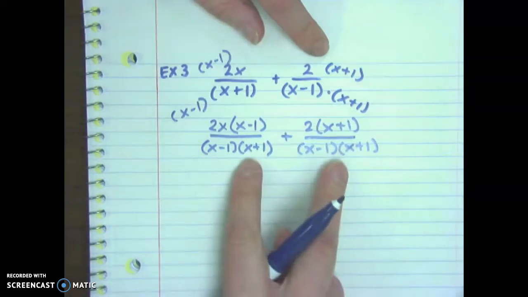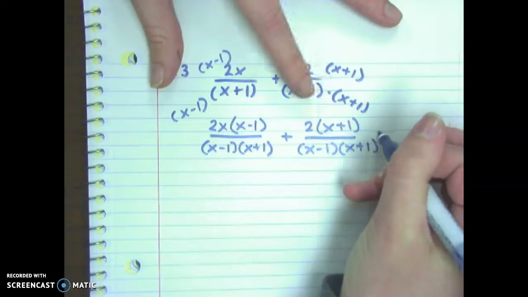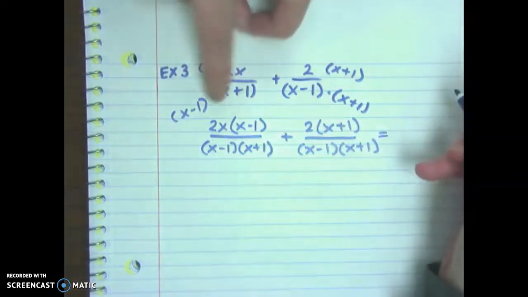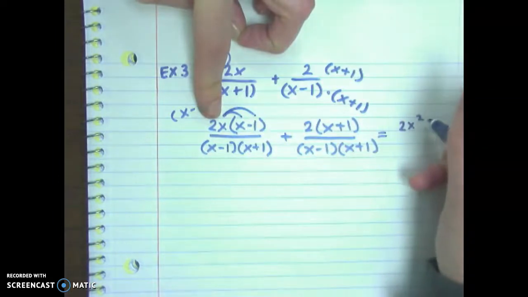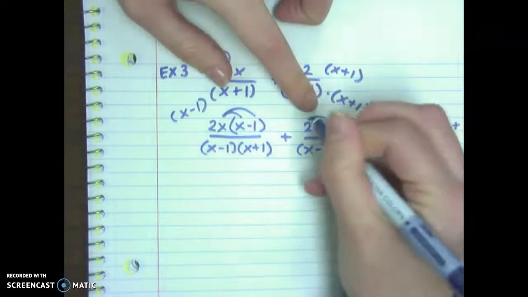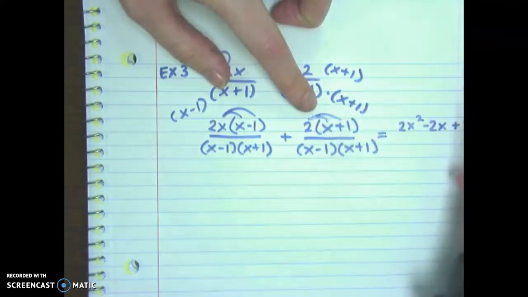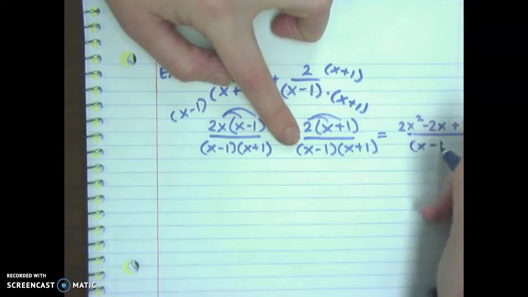Now I have common denominators, so I can add straight across. I have 2x squared minus 2x plus 2x plus 2 all over my common denominator.